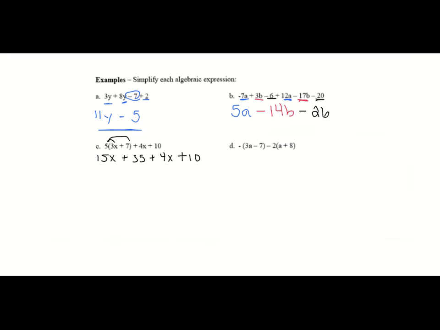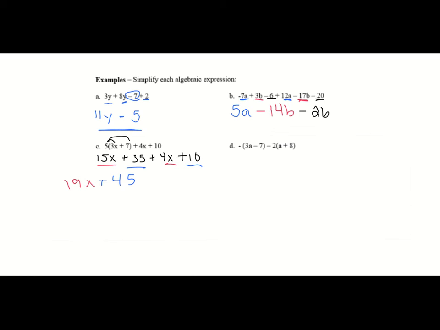So now that I've distributed and I have all terms without any multiplication in there for the distributive property, I can add them. And I have 15x and I have 4x. So that gives me 19x. And then I have constant terms, 35 plus 10. So that'll give me plus 45.